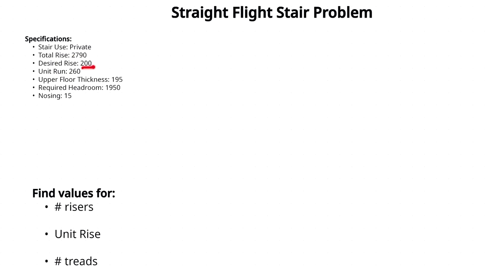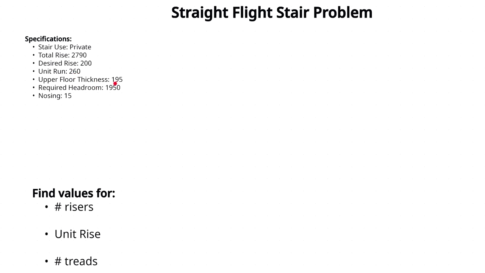This is a number that's important to remember. As per the National Building Code here in Canada, the unit rise in stairs for private stairs is 200. That's the maximum. So when we figure out our unit rise, we need to be mindful to stay below that. Unit run is given to us at 260.